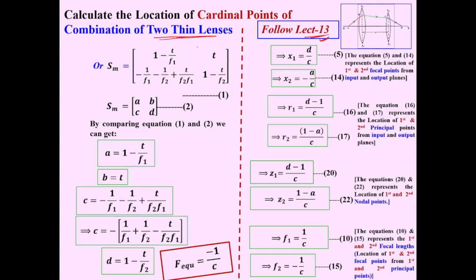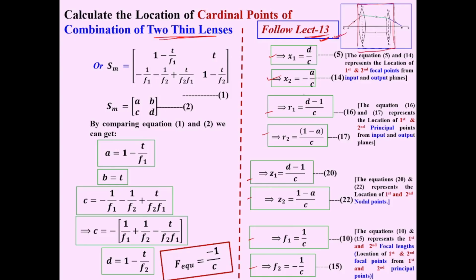In that lecture we found these cardinal points: x1, x2, the locations of the focal points from the input and output planes, r1, r2, the locations of the principal points from the input and output planes, z1, z2 belonging to the nodal points. Here small f1 and f2 belong to the focal lengths of this optical system. Here optical system means a combination of two lenses. So I suggest you go through this lecture first before you watch the Ramsden eyepiece.